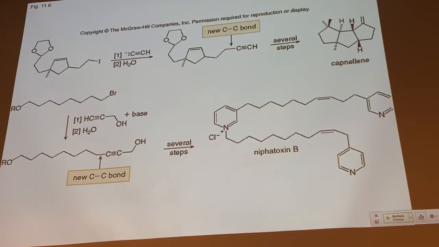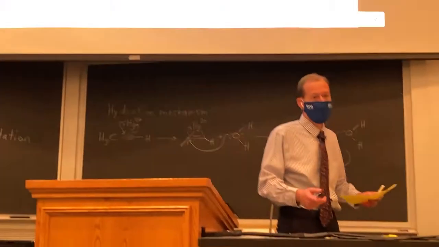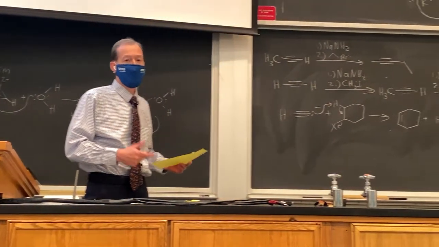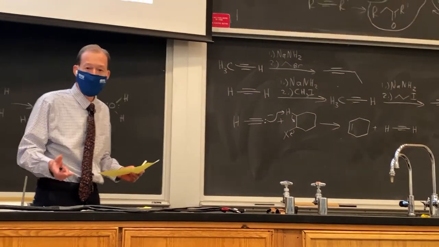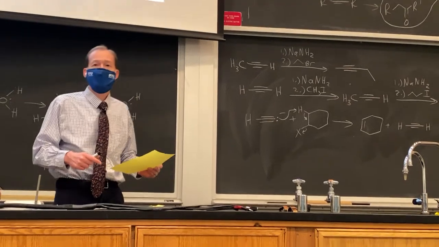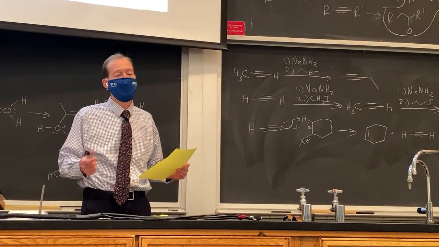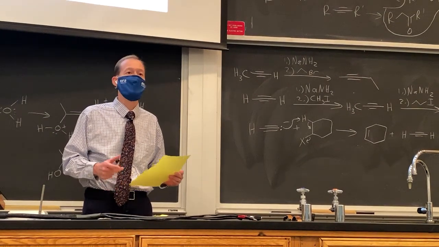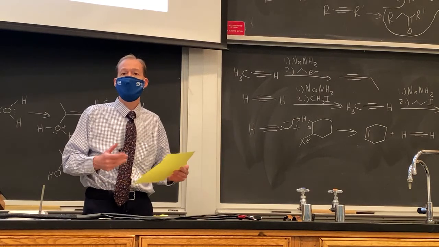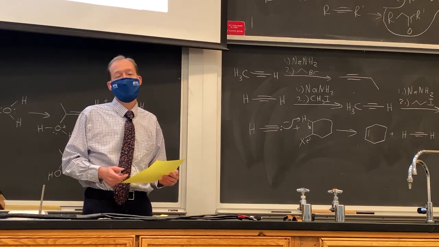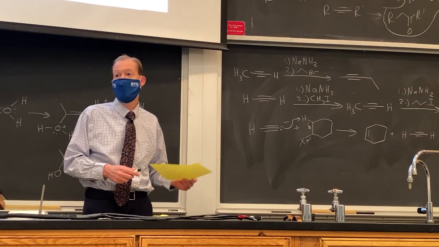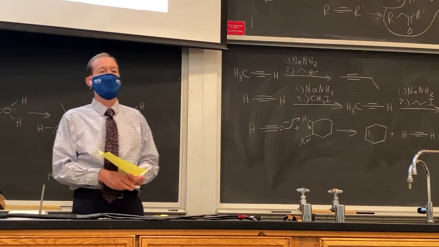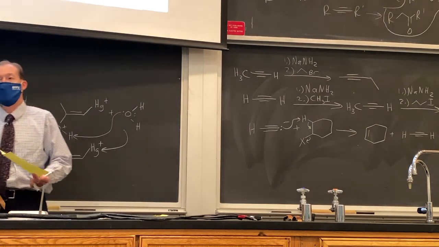Okay, so our acetylides will react with primary alkyl halides by substitution. Of course, secondary and tertiary will undergo elimination, but they will also undergo carbon-carbon bond formation with epoxides. We know that strong nucleophiles will open epoxides, and because our acetylide ion is a strong nucleophile, it will perform an epoxide ring opening.